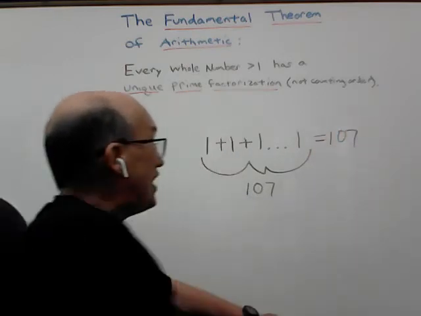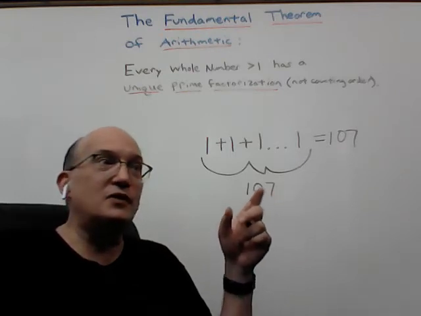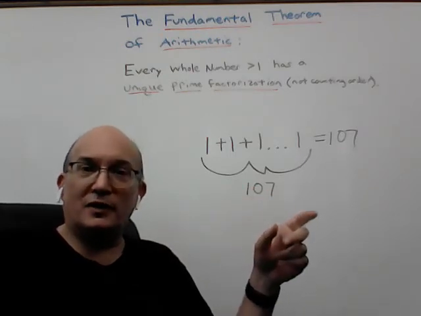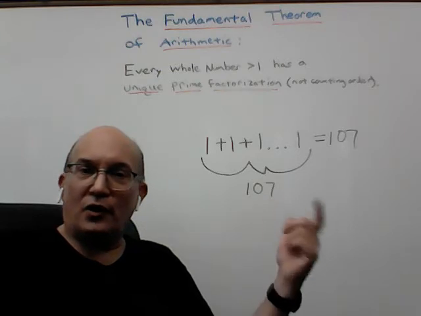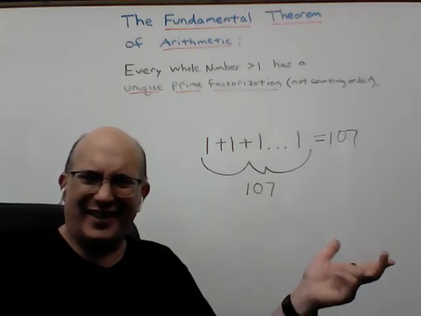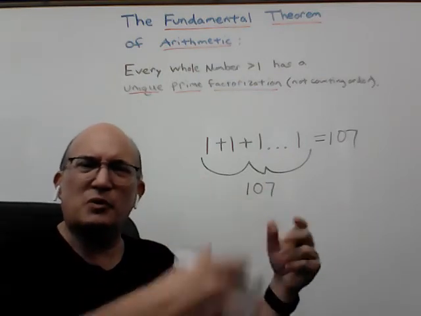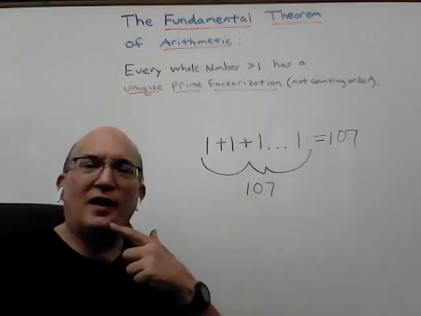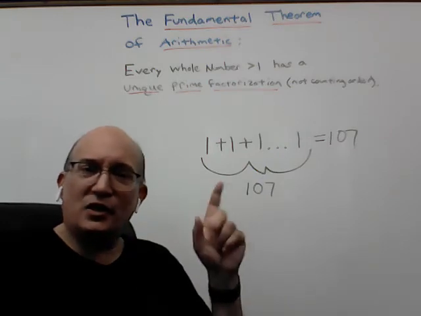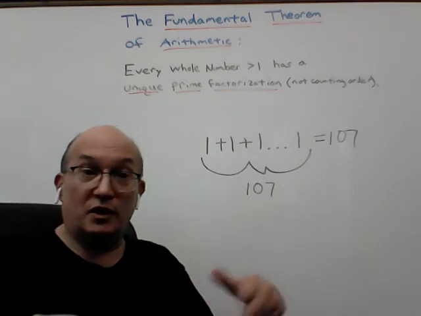So this is how we can say that 1 is the building block of all the whole numbers 1 and bigger. I guess you can't think of 1 as a building block of 0, but 0 is special, as we said before. Okay, now you cannot use 1 as a building block for all the whole numbers with multiplication.